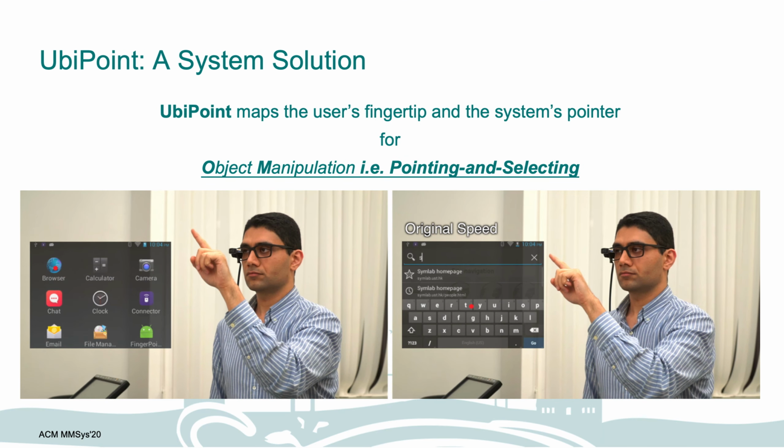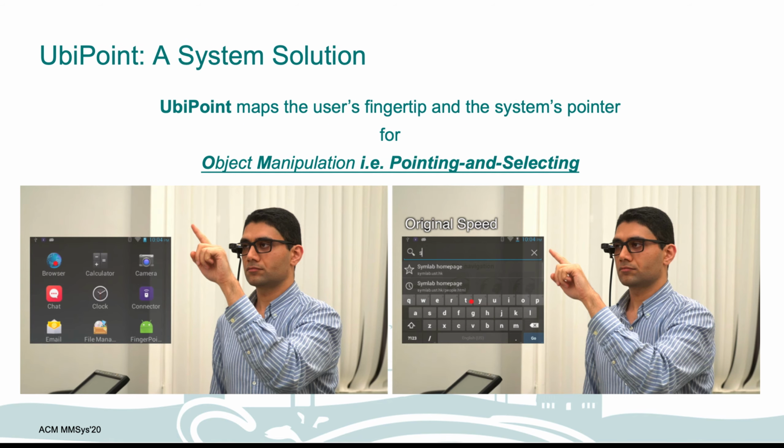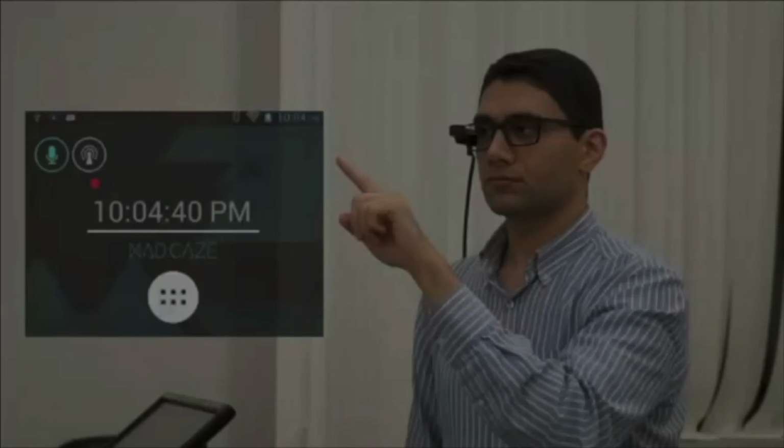So we present our system solution, UbiPoint. UbiPoint tries to map the user's fingertips to system pointers for object manipulation, such as pointing and selecting. Here is the demonstration video.